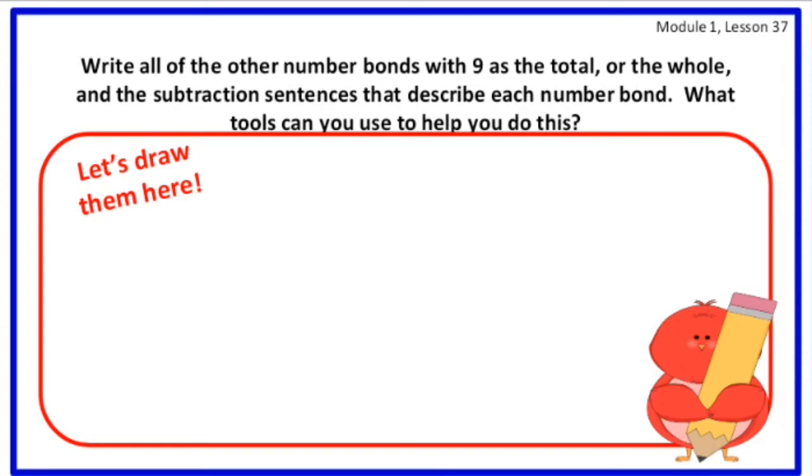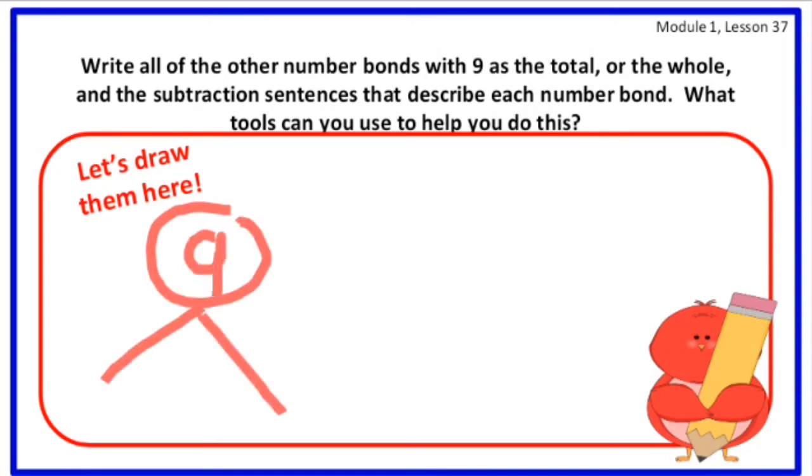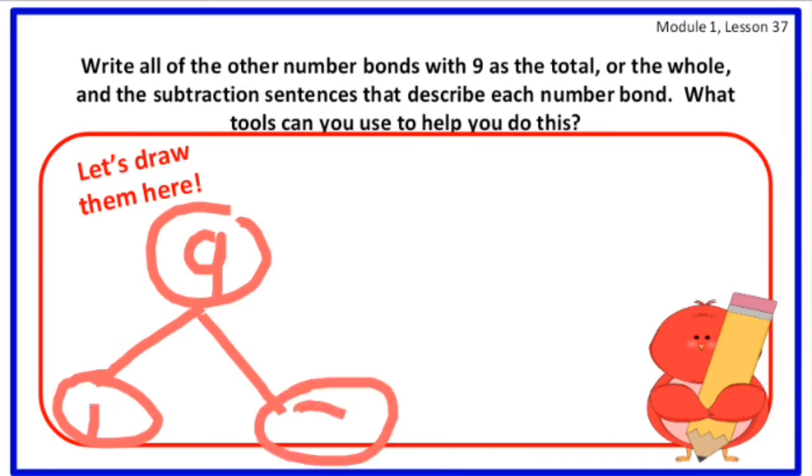So let me pick a number bond. Let's say I want to draw 9 as the whole. Then the first part will be, let me say 1 and 8. Yes, because 1 and 8 will give us 9. These are partners of 9.